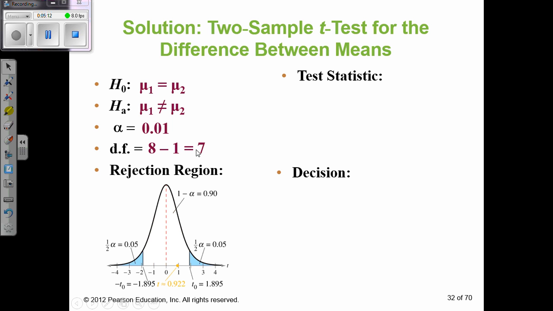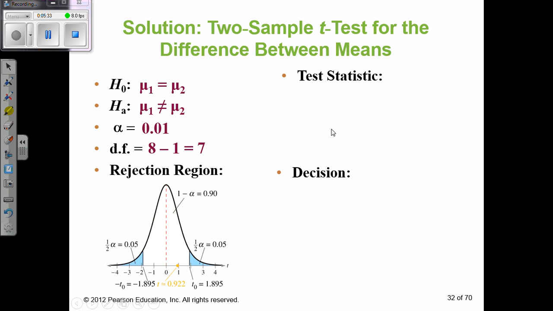We use this degrees of freedom in Table 5 to find the critical values of negative and positive 1.895. The rejection region then is everything greater than positive 1.895 and everything less than negative 1.895.